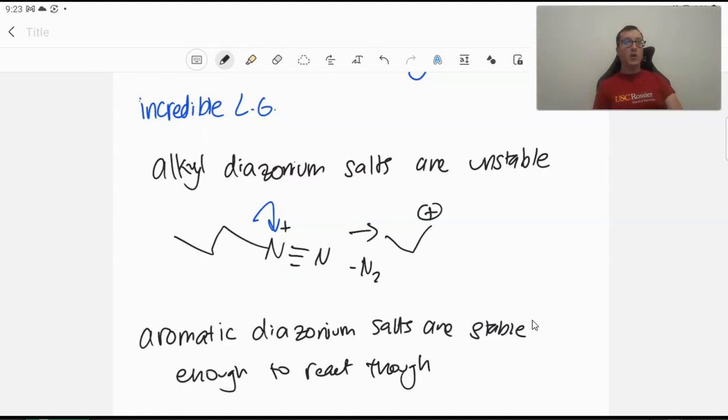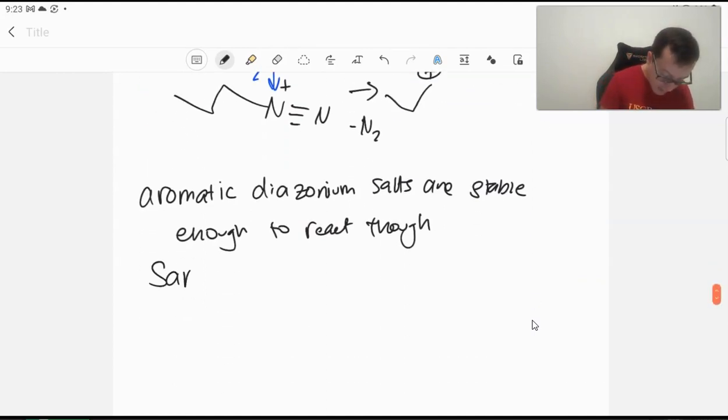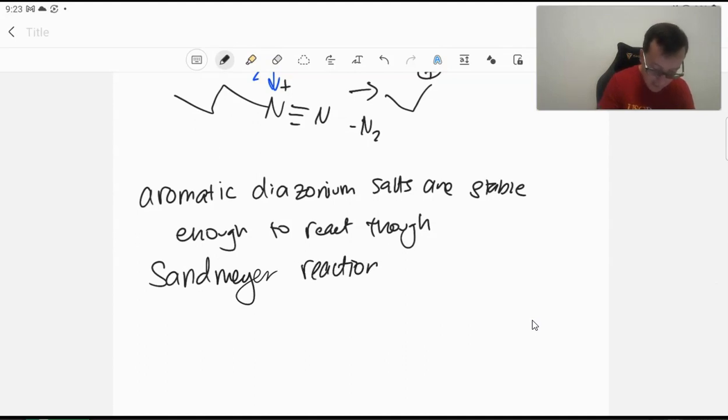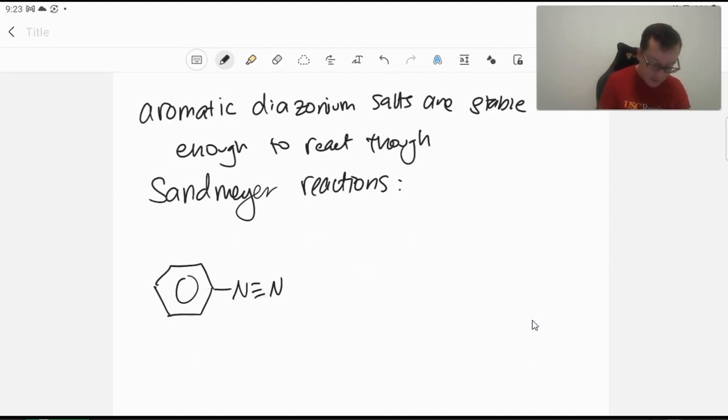And we're going to have a whole group of reactions for this, which thankfully we're not going to need to know mechanisms for. So we're going to get a whole array of what are called Sandmeyer reactions, after, of course, the scientists who did this. So we're going to be taking this and doing a lot of stuff with it.